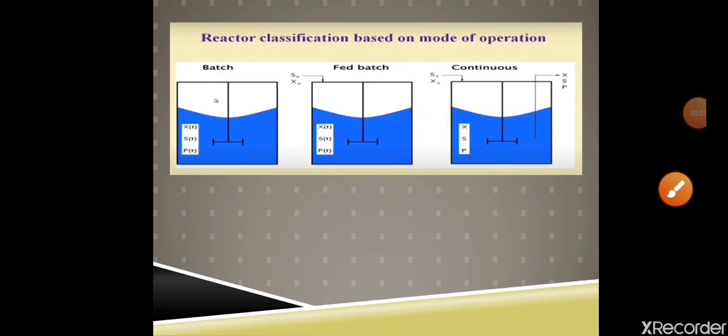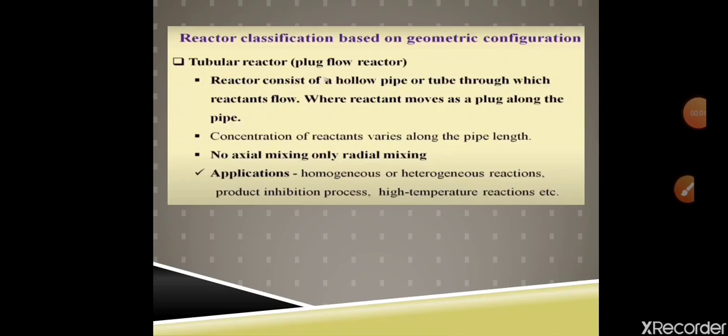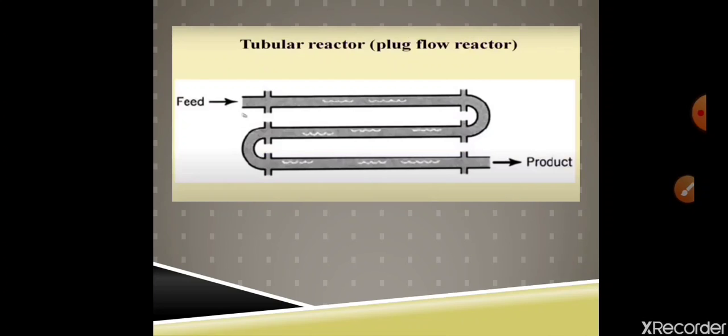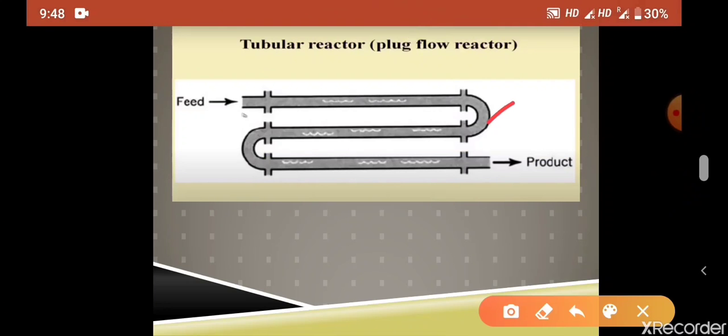Now we will discuss the reactor classification based on geometric configuration. We have the tubular reactor, like the plug flow reactor. The tubular reactor looks like this. It is like a tube.